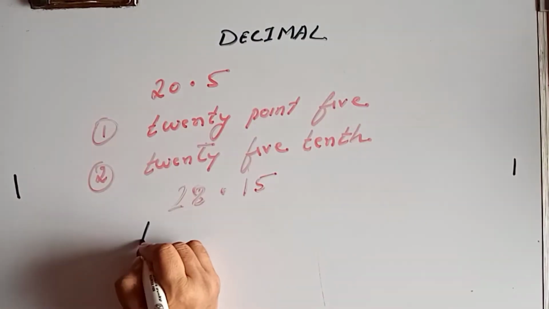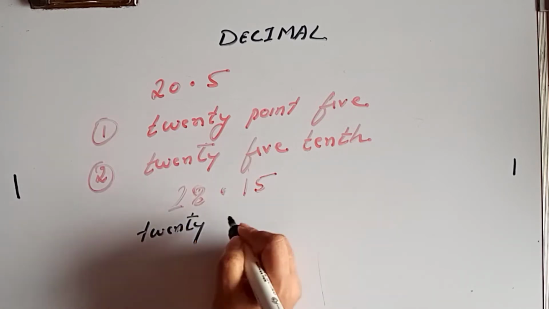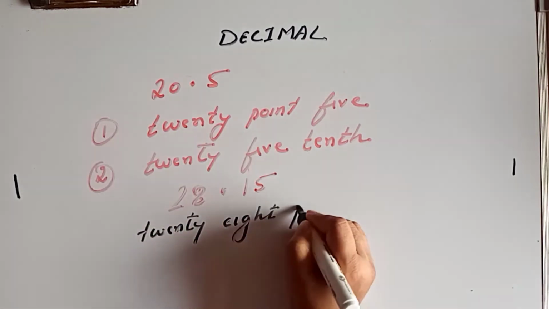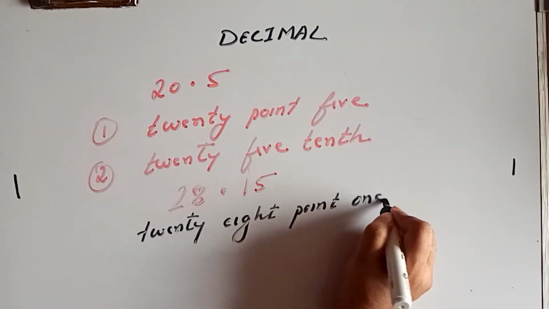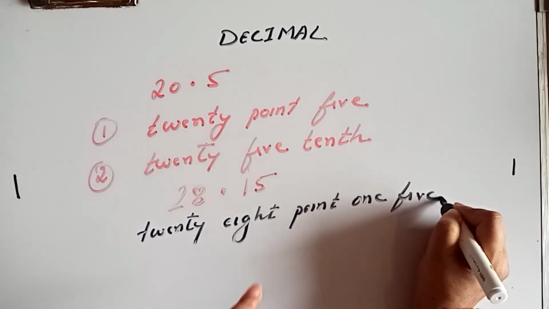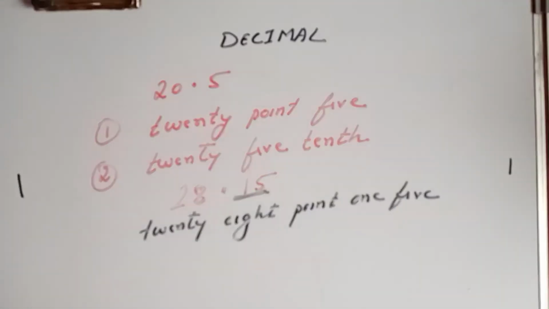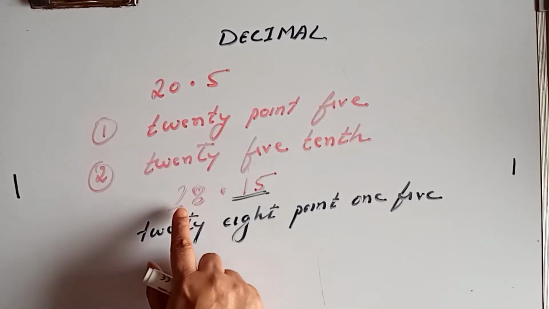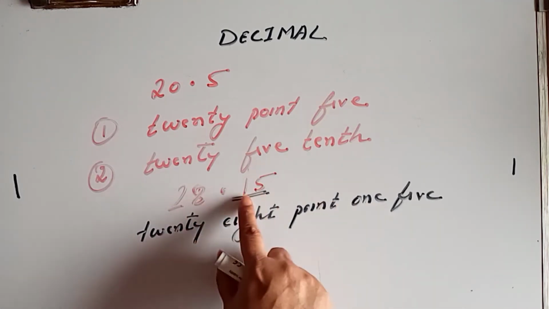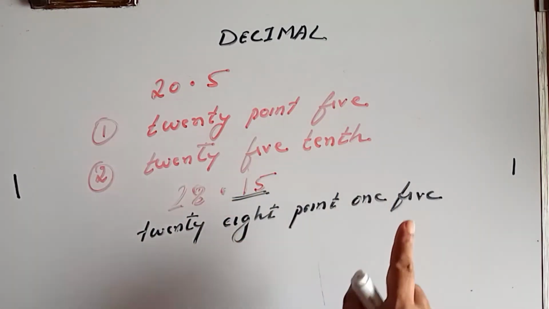Okay, so the way to write is 28.15. Don't read 15 after decimal as fifteen. After decimal the number will be read digit by digit, as one five, not fifteen. We have to read it separately: one five, not fifteen.